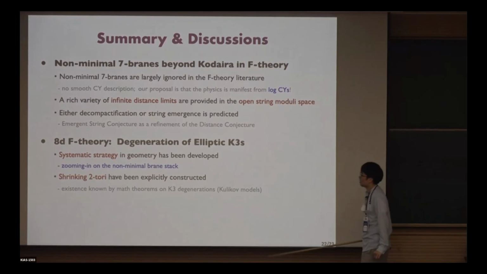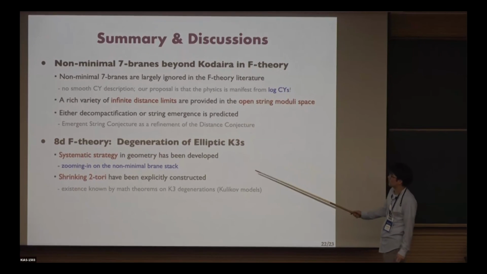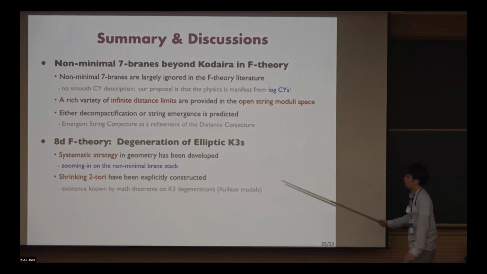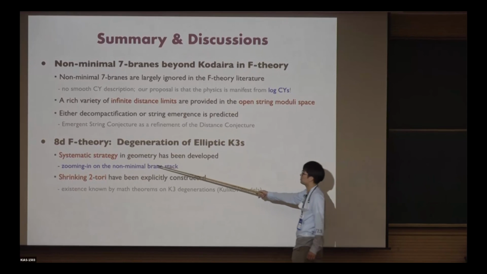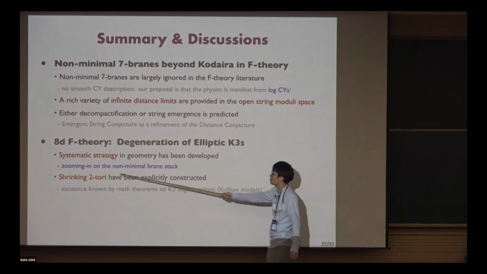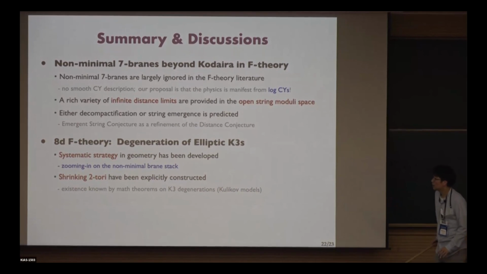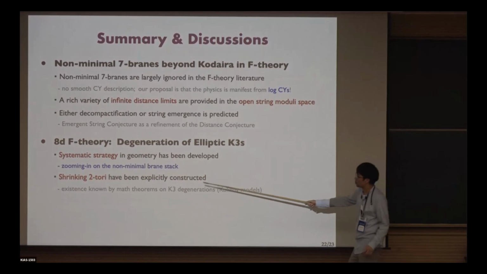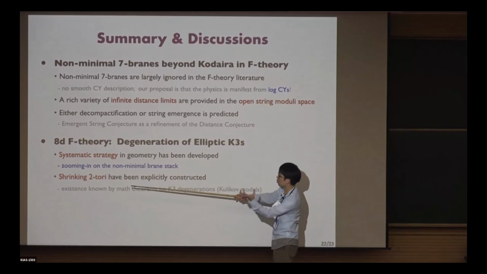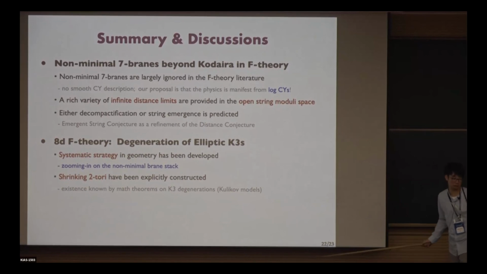We've seen that firstly in 8D F-theory, by analyzing the degeneration of elliptic K3s, we could give a systematic strategy in geometry, and from that we could zoom in on the non-minimal brane stack to figure out the actual physics that's happening there, and this way shrinking two tori have been explicitly constructed, of which existence was known by math theorems already.